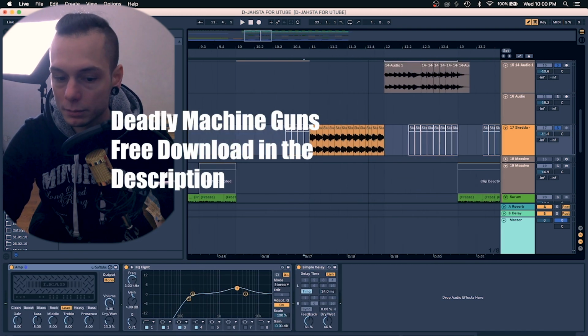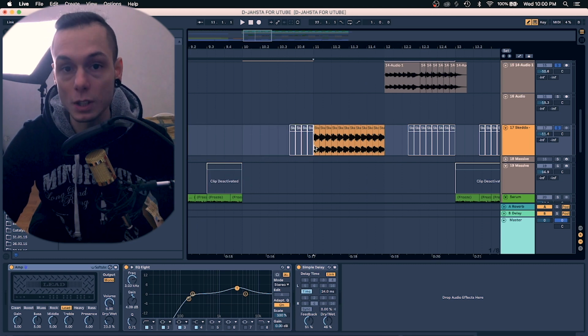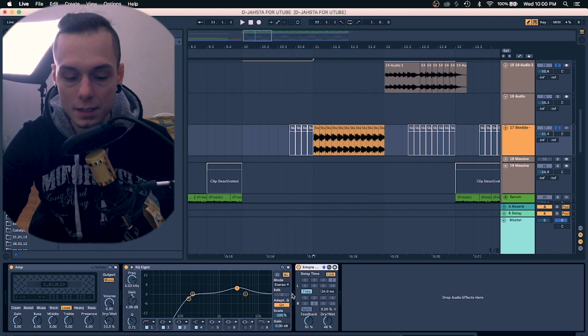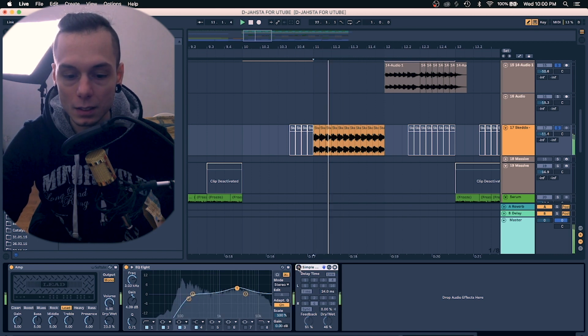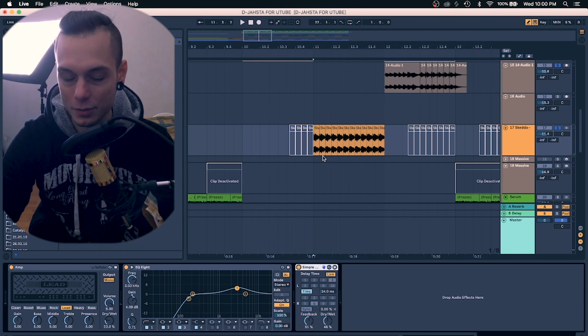After that, Skedda machine gun. Machine guns are something that D-Jahsta usually uses in his tracks, and on this one I used a little bit of simple delay for the robo effect. I know you'll hear the difference.